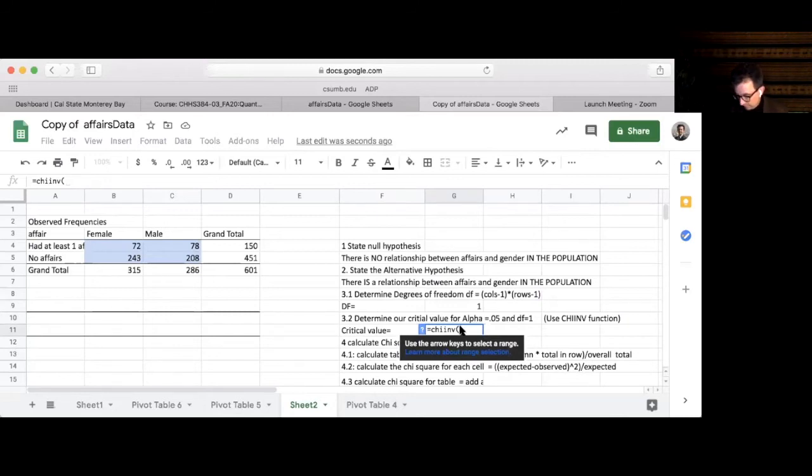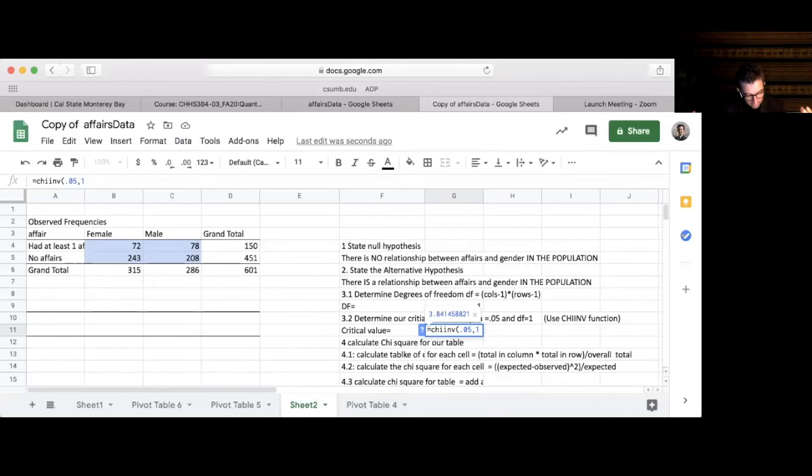Which is 0.05 in most social science applications, and then comma. Because Excel needs to know which chi-square distribution to look for, you say you're going to look for 1 degree of freedom, because that's the one we're dealing with. So Excel needs to know which distribution to look for.